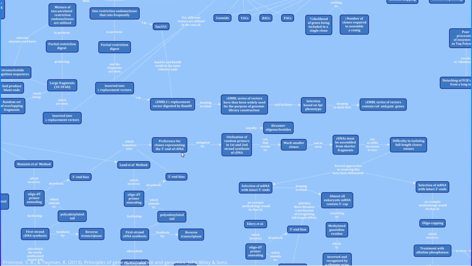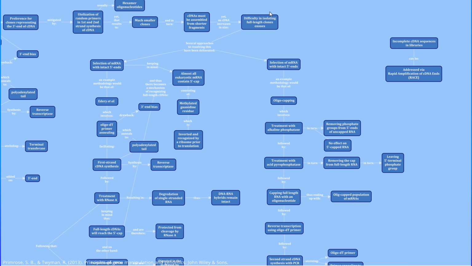This is mitigated by utilizing random primers in the first and second strand synthesis of cDNA, usually utilizing hexamer oligonucleotides. Yet that results in much smaller clones, and in turn, cDNA must be assembled from shorter fragments. Yet as cDNA increases in size, difficulty in isolating full-length clones ensues. So you have to keep those things in mind.